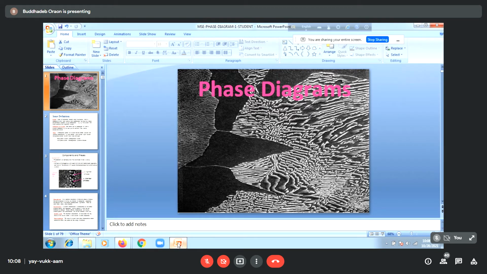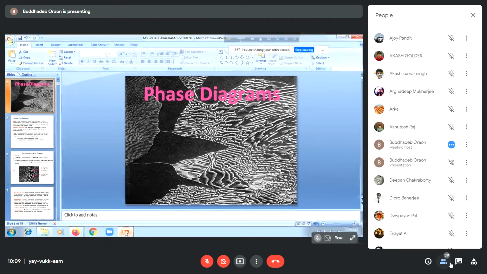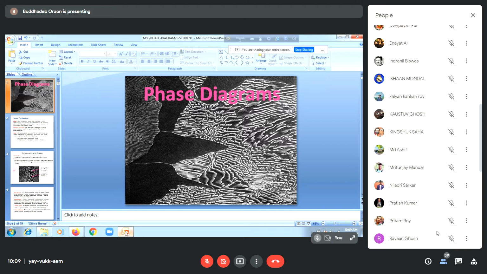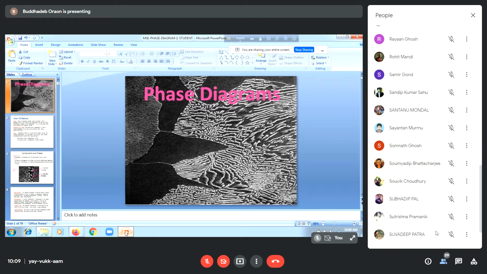So you have idea about the different phases of any matter. Normally we have three different phases: solid, liquid, gas. Now, when we are discussing about the phase diagrams of solids, particularly for different metals and alloys, it is slightly different than your liquid or gaseous phases.